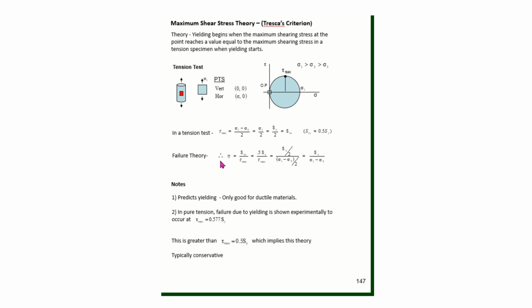So we note here that the shear max is given by 0.5 SY, whereas with distortional energy, the better answer is 0.577 SY.